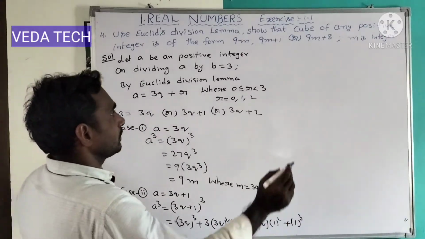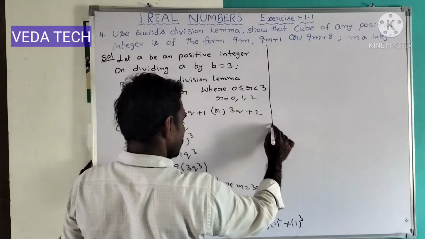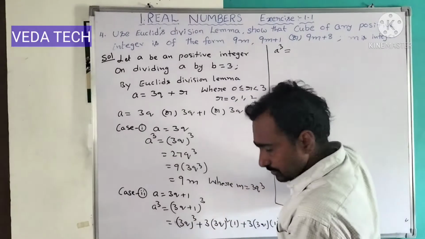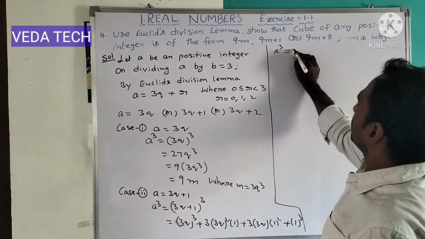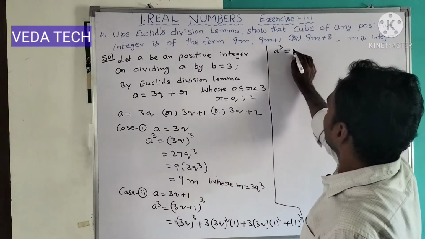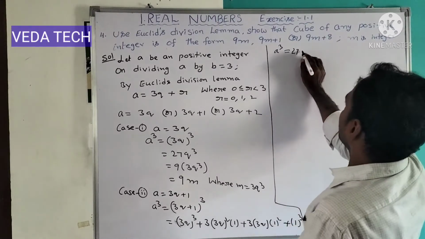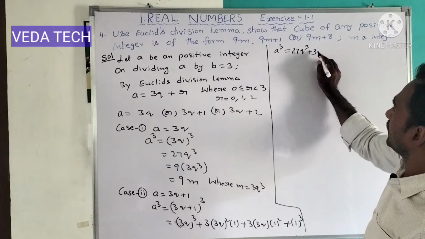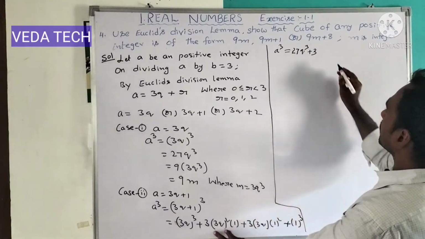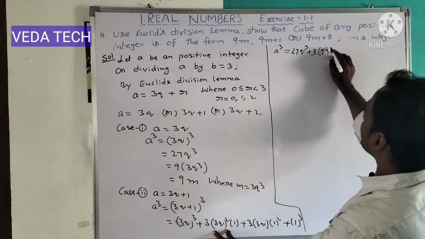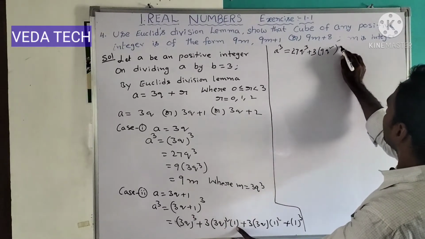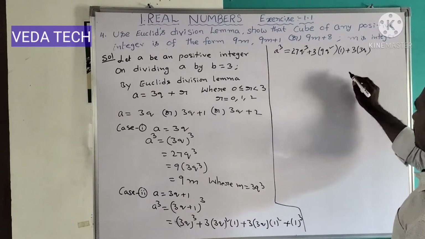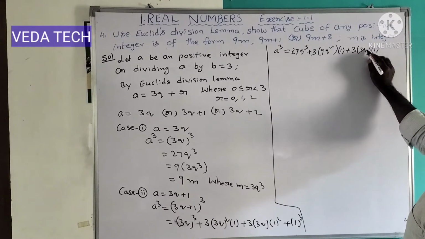Then a cube is equal to 3q whole cube, which is 27 q cube, plus 3 into 3q whole square, 9 q square, into 1, plus 3 into 3q into 1 square, plus 1 cube.